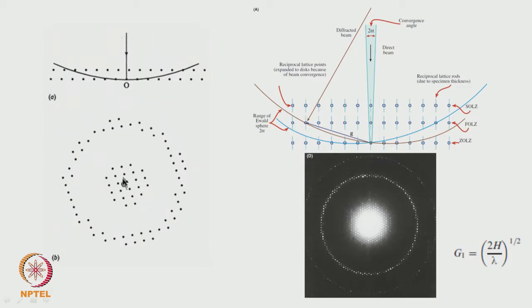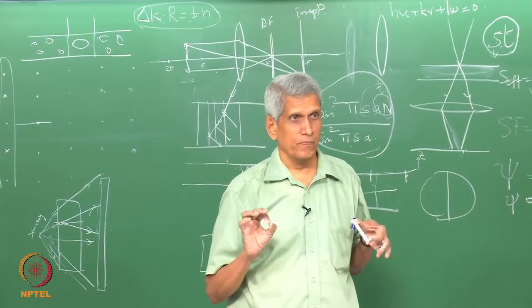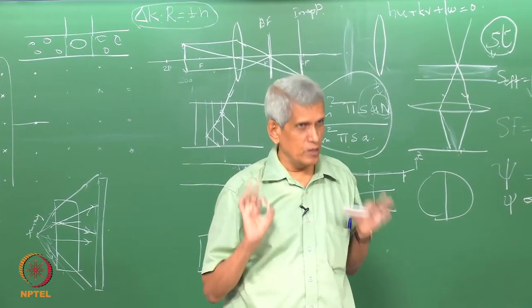Then we have got the A and B parameters here, and measuring this distance we can find out the C parameter. So the unit cell parameters could be obtained from this pattern itself. Is it clear? So from this one diffraction pattern, the full unit cell parameters we can get. Is it clear?